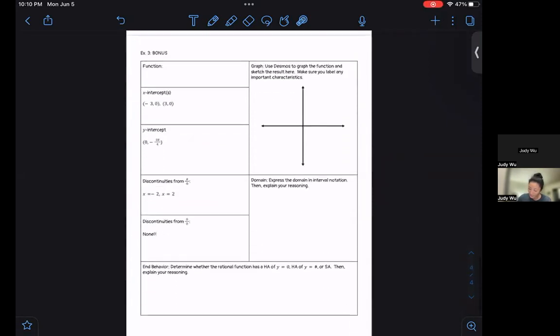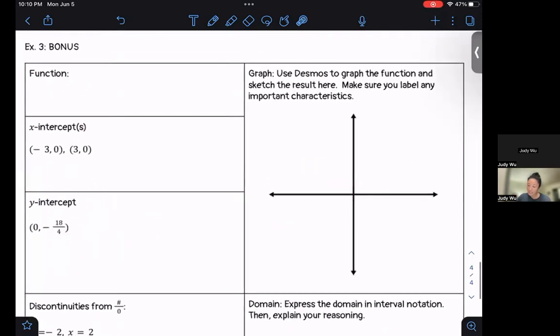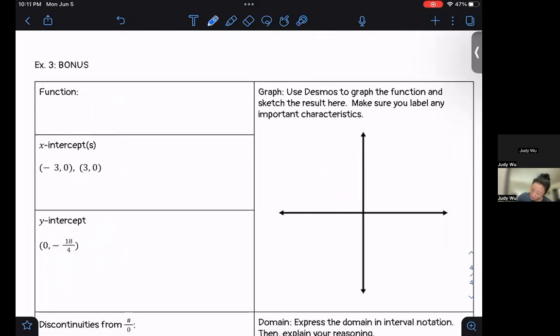Now, extra credit. Who doesn't love extra credit? I'm going to leave example 3 here as a bonus. You can make an appointment with me once you've figured all of this out.